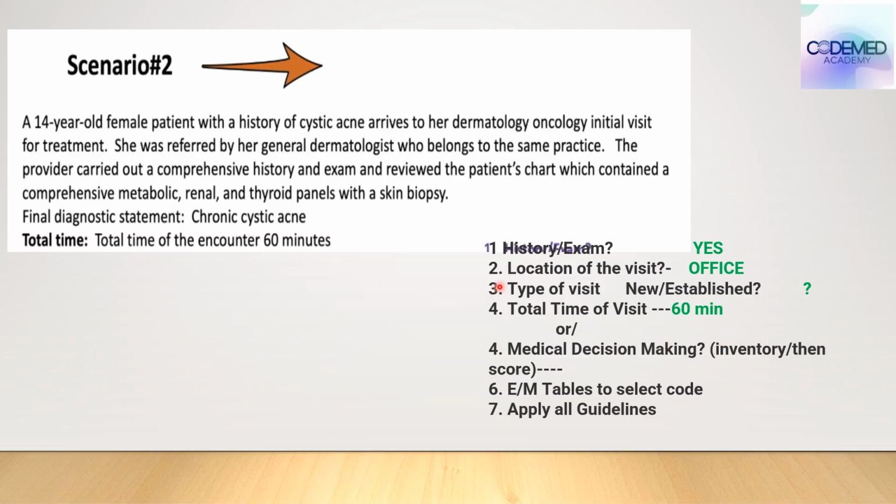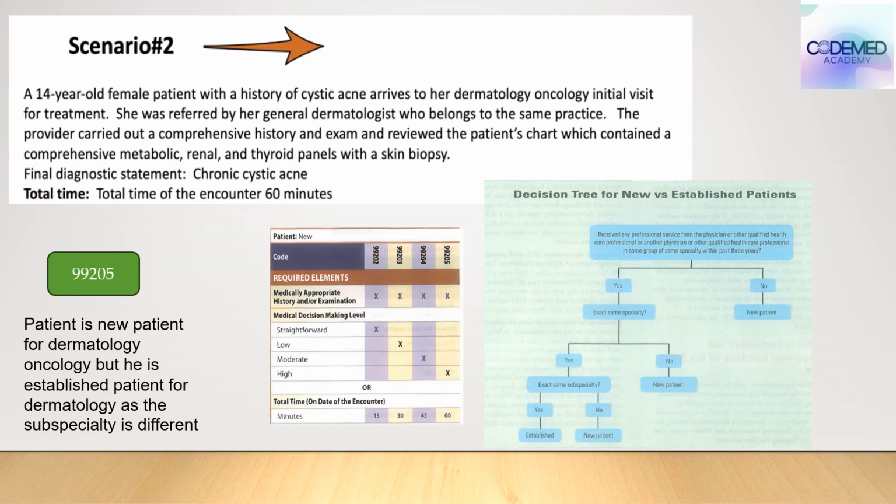Okay, so we don't know what is the status of the patient, but we know that the total time is 60 minutes. So let's see what's the answer. The patient was an established patient to the dermatology, but she is the new patient for the dermatology oncology.